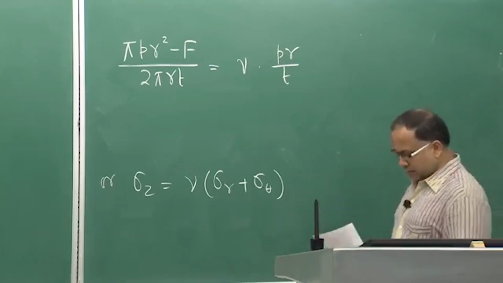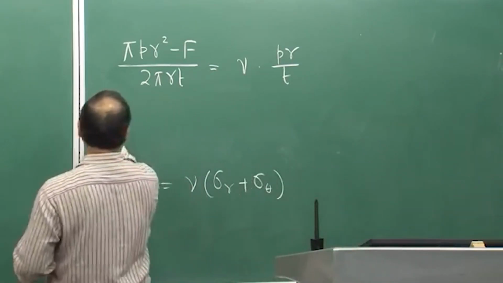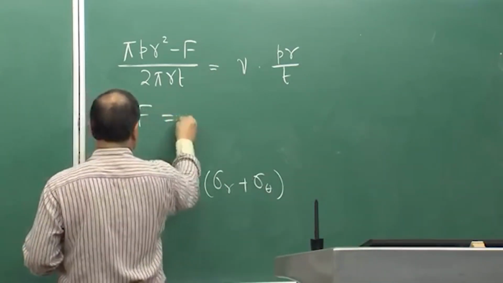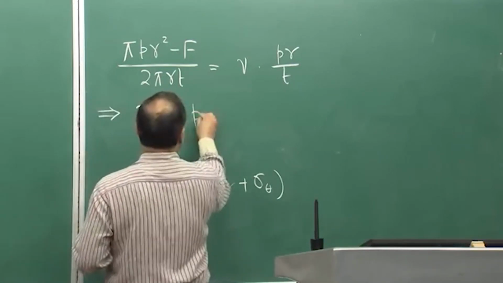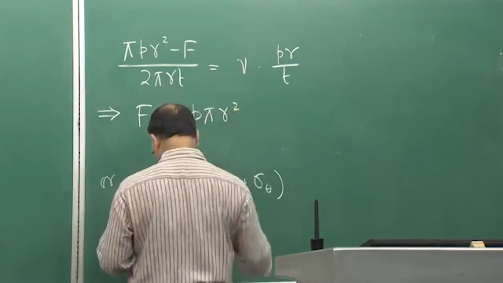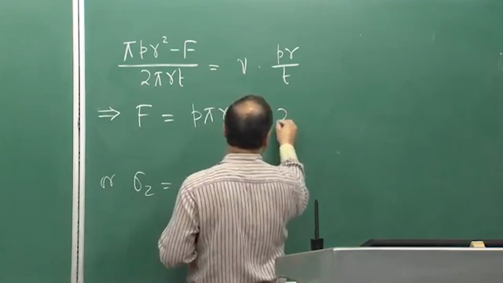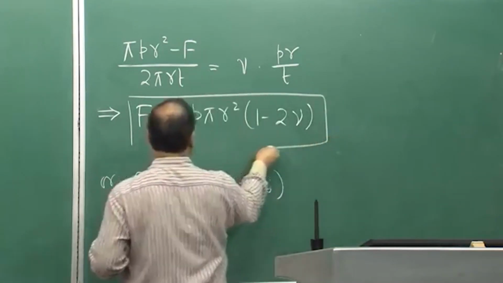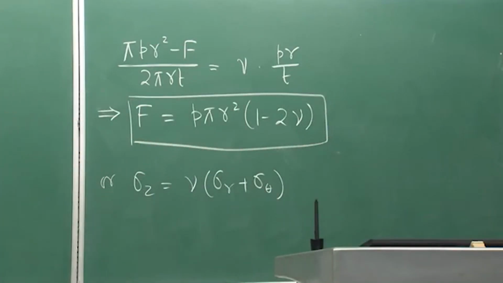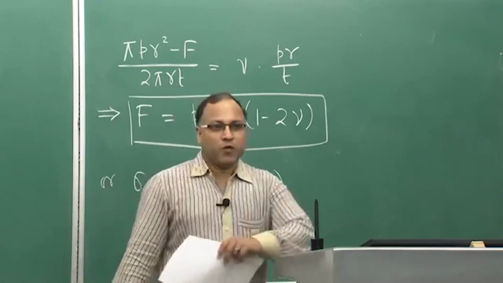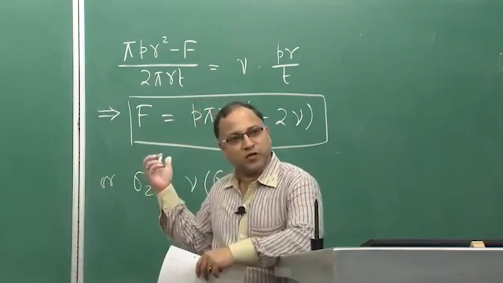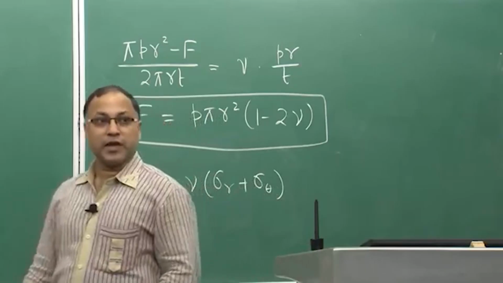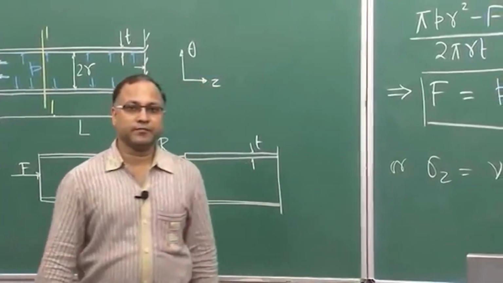So, this is only the sigma theta. From this you will get F equal to p pi r square into 1 minus 2 nu. This is the force exerted by the tank on the wall. So, if you want to design your wall, it should be designed for that much force F.